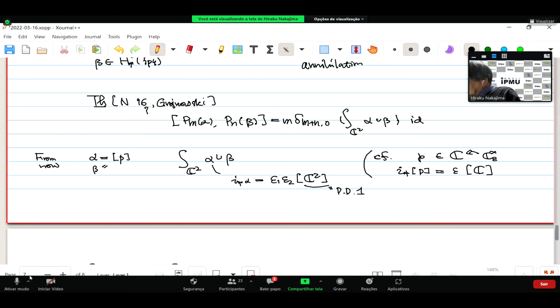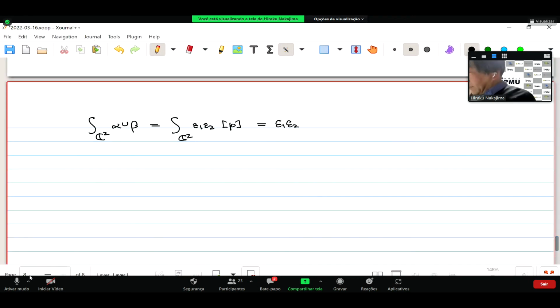This Heisenberg algebra is in fact defined over the polynomial ring in epsilon 1, epsilon 2, and in the commutator relation this coefficient becomes epsilon 1. Okay. So you can eliminate this epsilon 1, epsilon 2 by renormalization.